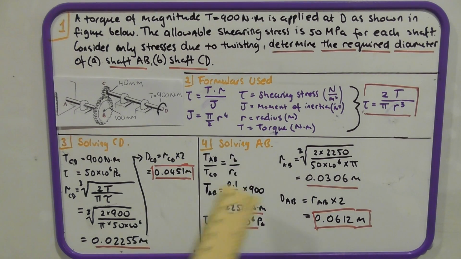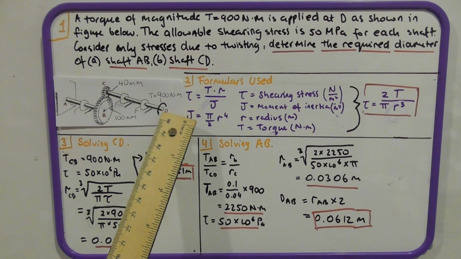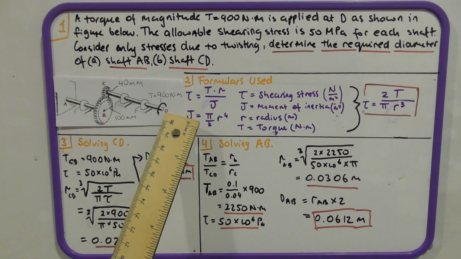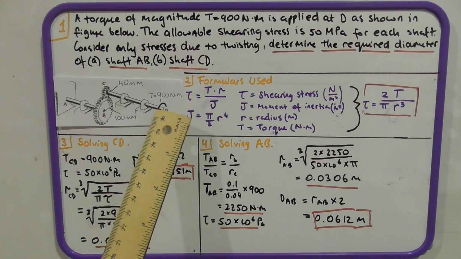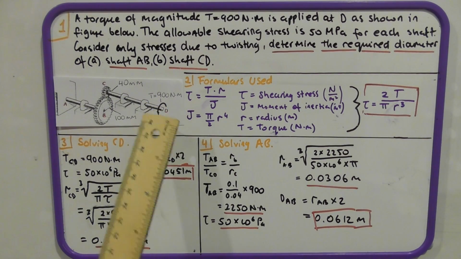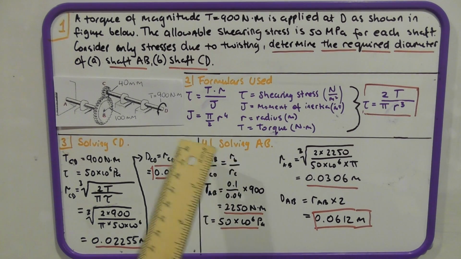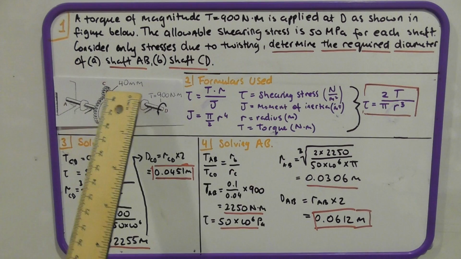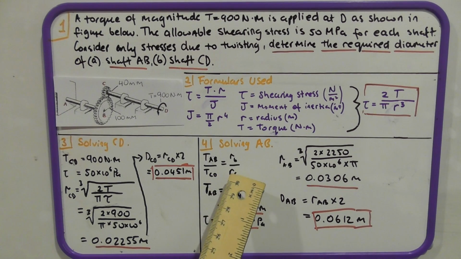This is simply a ratio, and you could also solve it from the point of view of CD, where you would have torque CD at the top, then the radius would be directly aligned at the top for TCD, and then it would just be the reverse of that.